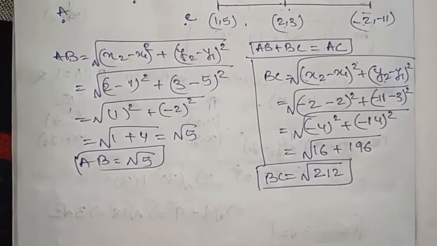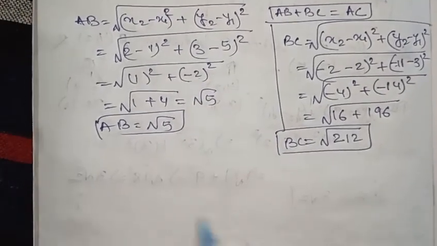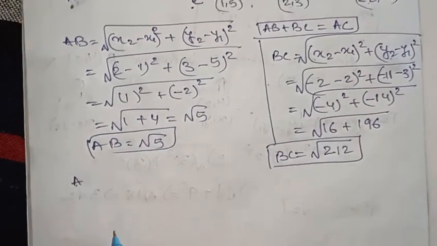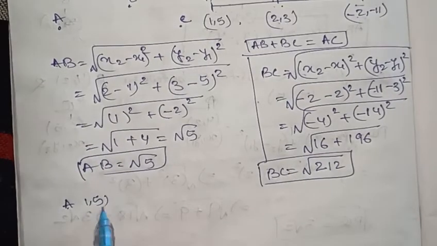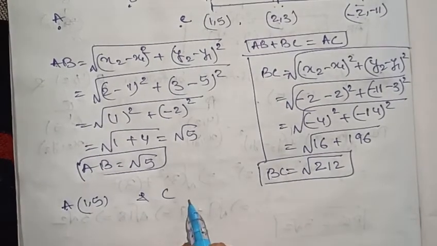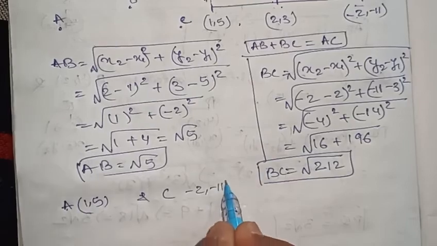Okay, now the third distance which we have to find out is between A and C. A is (1, 5) and C is (-2, -11).